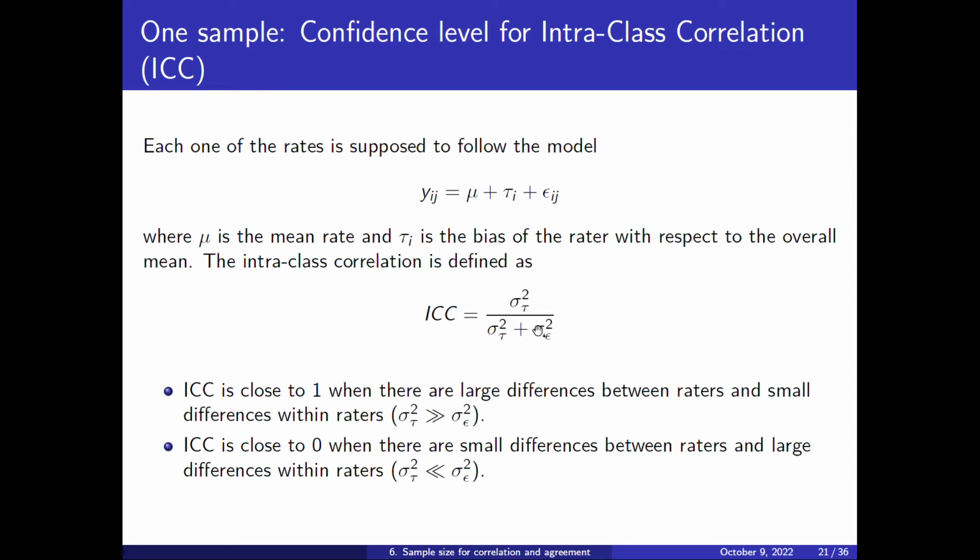You expect that the ICC is close to 1 if the inter-rater variances or differences are much larger than the intra-rater differences, and the ICC is close to 0 in the opposite case, if this is much larger than this one.